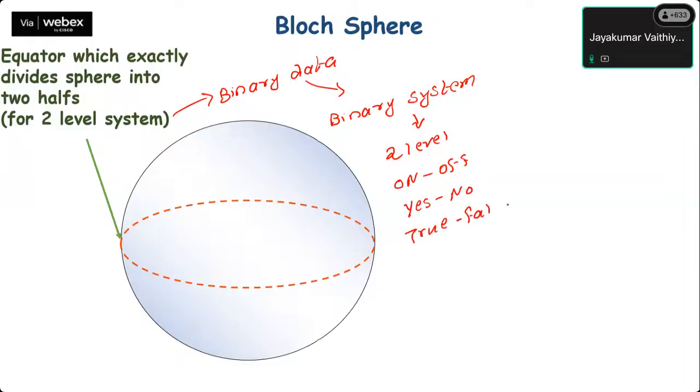It could be 0 voltage to positive 5 voltage. It could be black, white. So two pieces of information which are totally opposite, totally orthogonal to each other. So this is the idea about binary system.